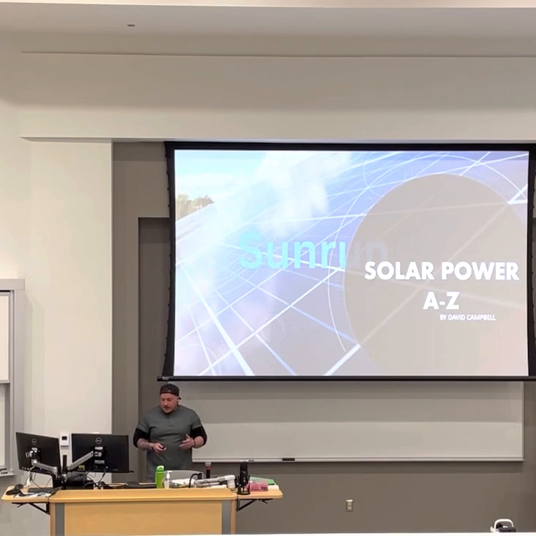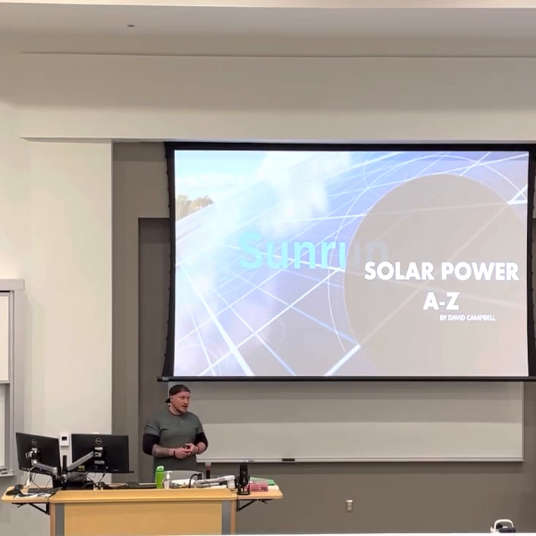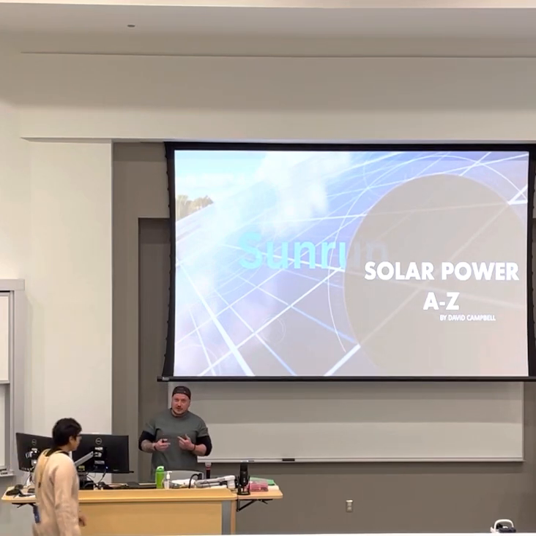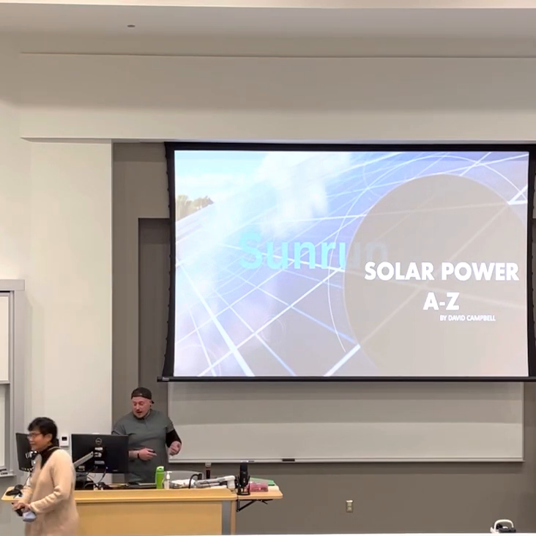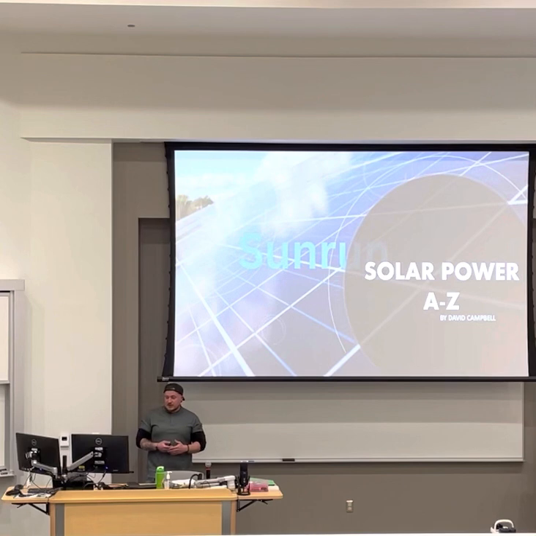Now, as you saw in that one video, right now, the way 99% of all the electricity in the United States and in the world is being produced is by heating water up, creating steam, turning a turbine, and that turbine then creates electricity. Solar is a little bit more of a direct way to do that.